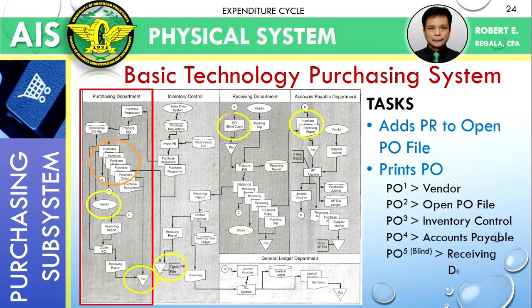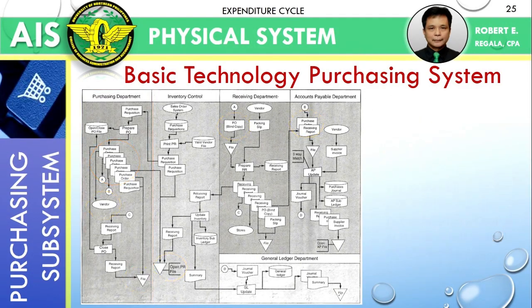One copy of the PO is sent to accounts payable for filing in the AP pending file. One copy, the blank copy, is sent to the receiving department, where it is filed under the inventories arrived. The clerk files the last copy along with the purchase requisition in the department.